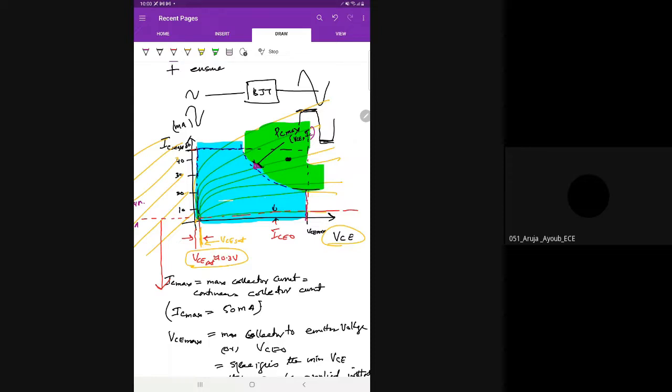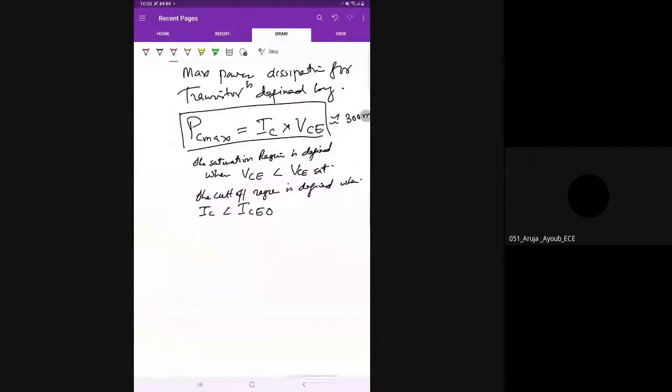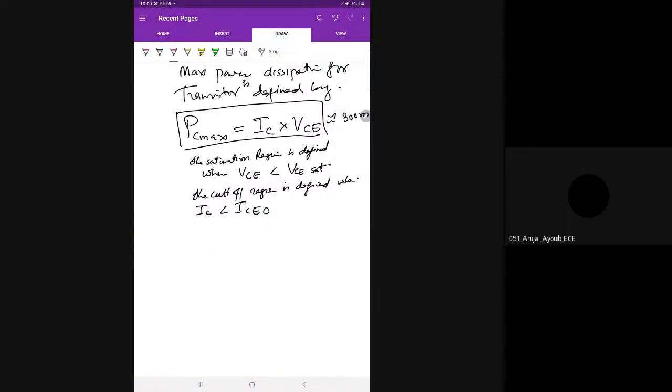So from the bottom is the cutoff region. That is what I have written here: the cutoff region is defined when IC is less than ICEO, or when IC is less than beta times ICBO.